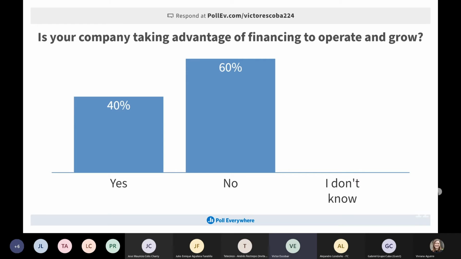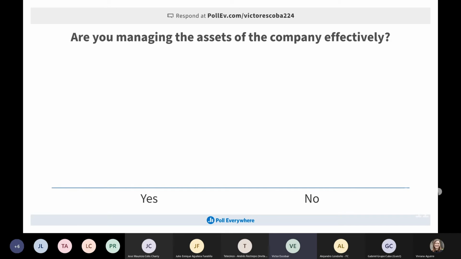And the final one is about activity. And this is, how are you managing the assets of the company? If you are managing the assets of the company effectively, that will be better. For example, in the case of coronavirus, the example that I was using at the beginning, you have an office that you were renting, but right now it is empty, and you are paying an extra cost because the office is not being used.